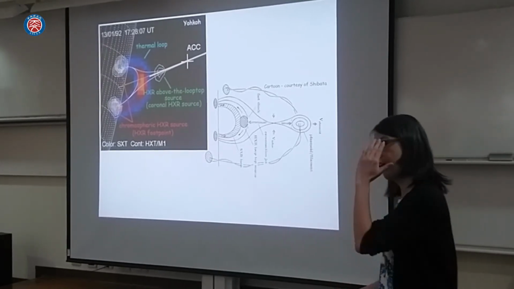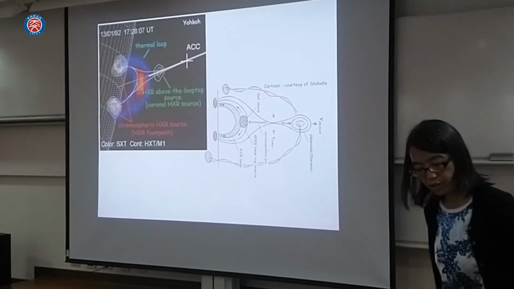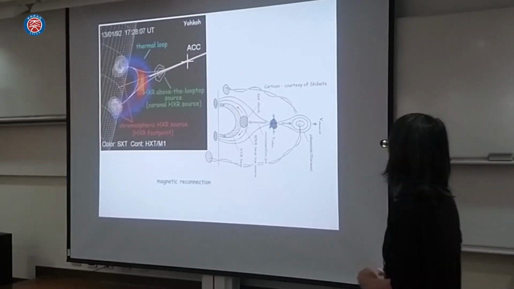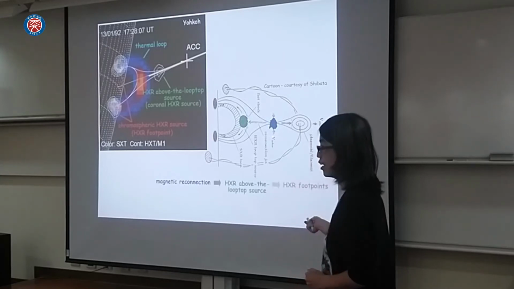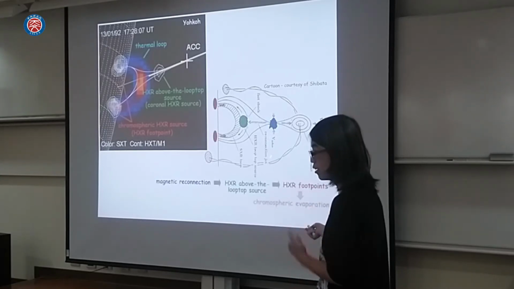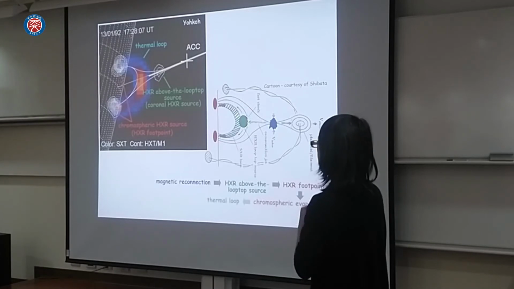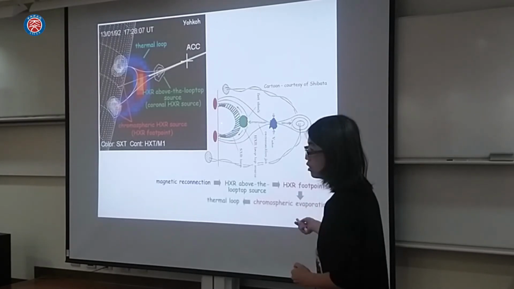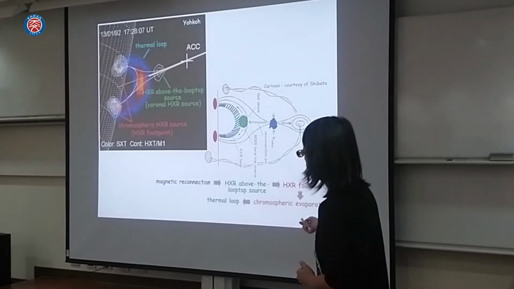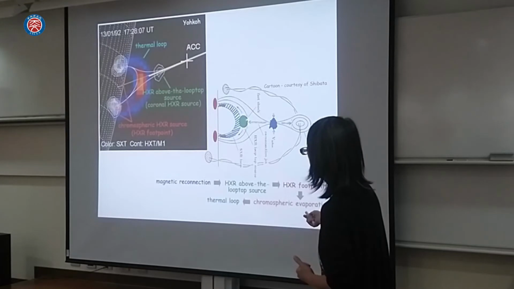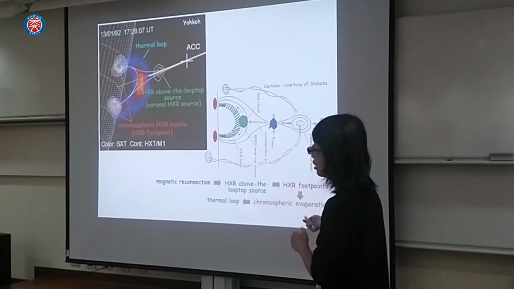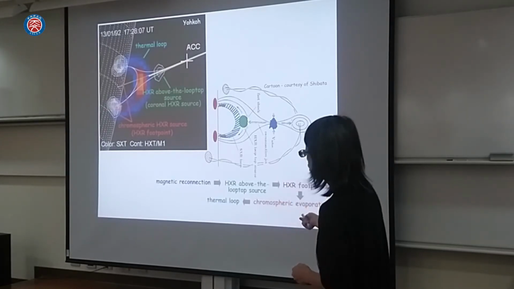So combined with the reconnection theory, reconnection should occur here and then accelerate the particles. These energetic particles move down to the lower atmosphere. First they collide with the plasma here to produce the corona HXR source.